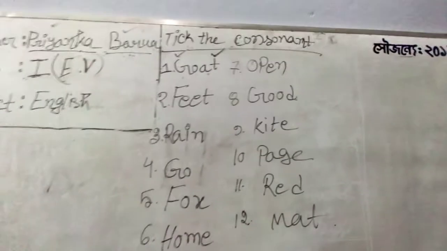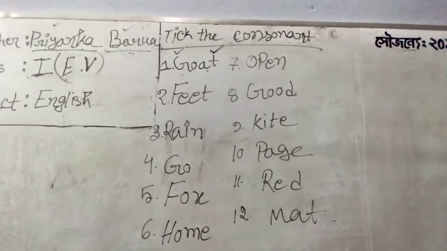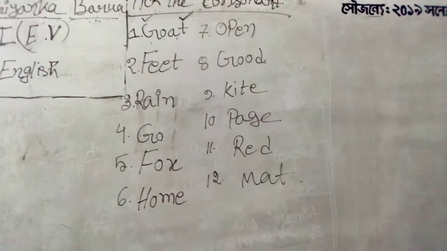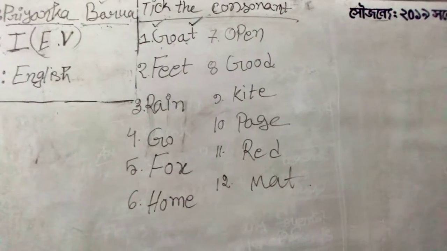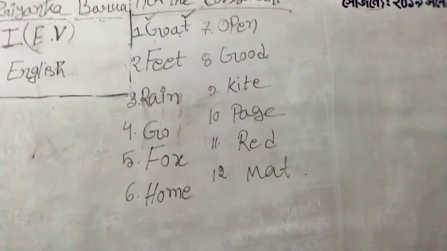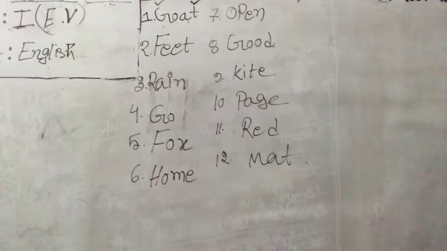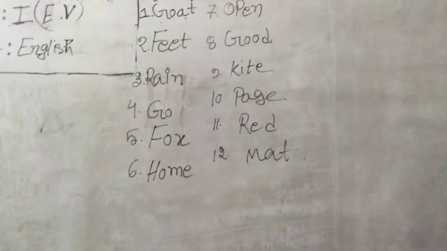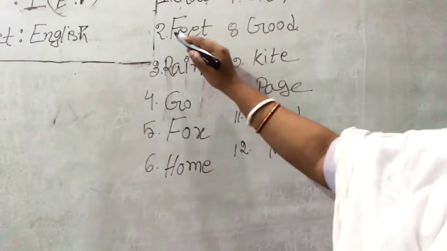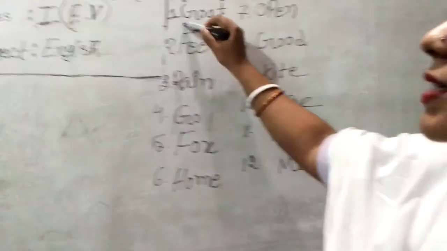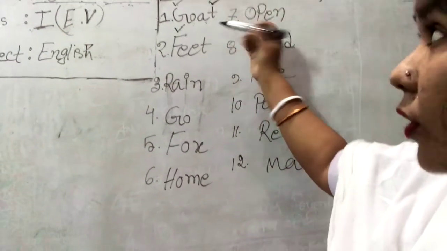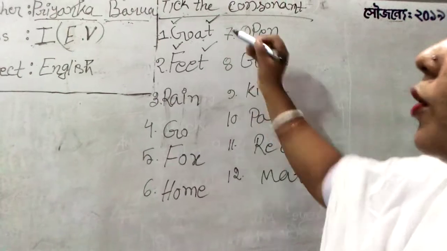Feet is the plural of foot. From feet, what can we see? E and E. E is a vowel, but here we are working with consonants. Should I put a tick mark on E? No, I should put the tick mark only on the consonants. Is F a consonant? Can you remember? Yes, F is a consonant, so I put the tick mark. Is T a consonant? Of course, T is also a consonant, so I need to put a tick mark on T.